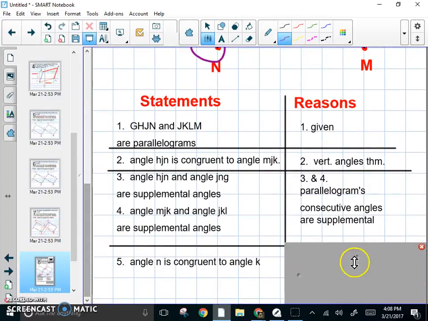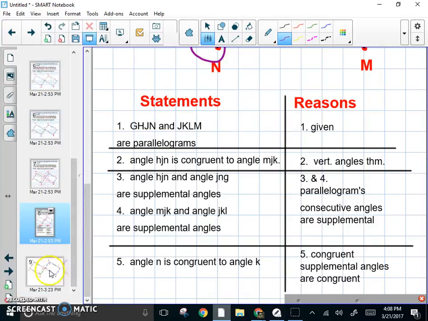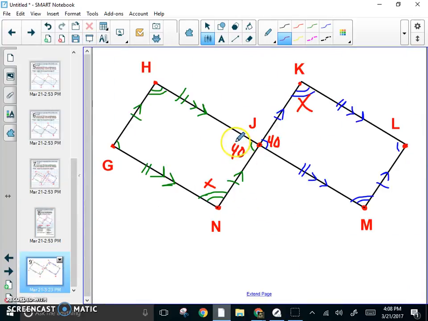So you can just state that congruent supplemental angles are congruent, which is actually a theorem or a proof that will prove that for you. If you want to see an example of it, look at this. Let's say we know this angle is 40 degrees. That means we know this angle is 40 degrees because they're vertical angles.